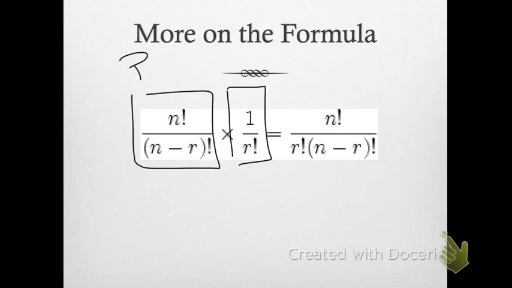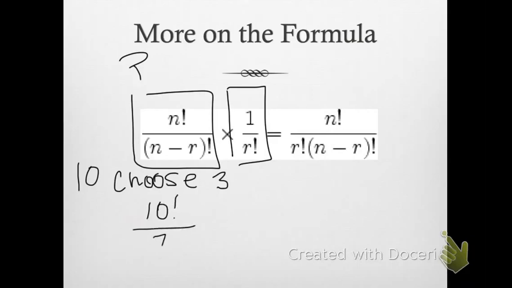Going back to the ABC example, let's say we had 10 objects and we're choosing 3, or let's say the order doesn't matter. We would be doing 10 factorial over 7 factorial in the permutation, but we need to divide out the ones that are repetitions or redundant.